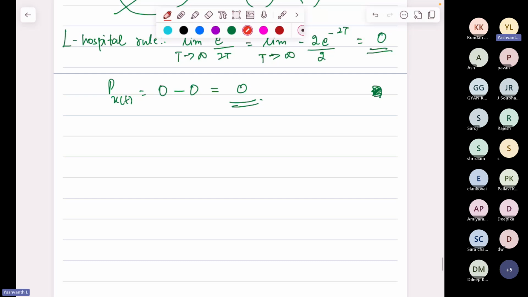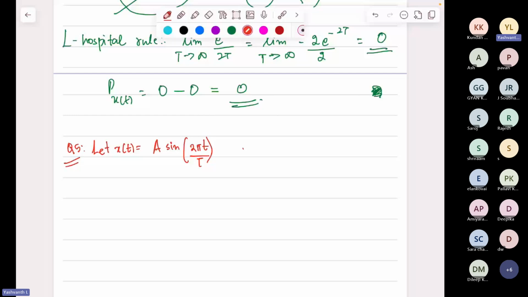Question number 5. Let x of t equal to a sine 2 pi t by capital T. What does it mean? That is a frequency. Generally a sinusoidal signal is sine 2 pi f t, right?